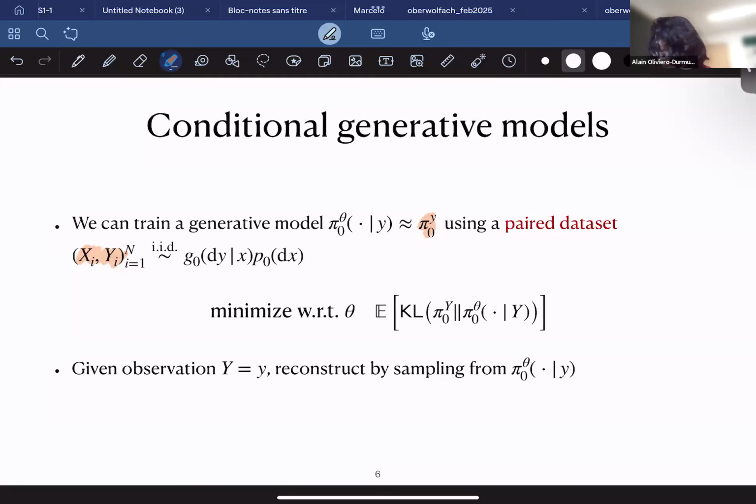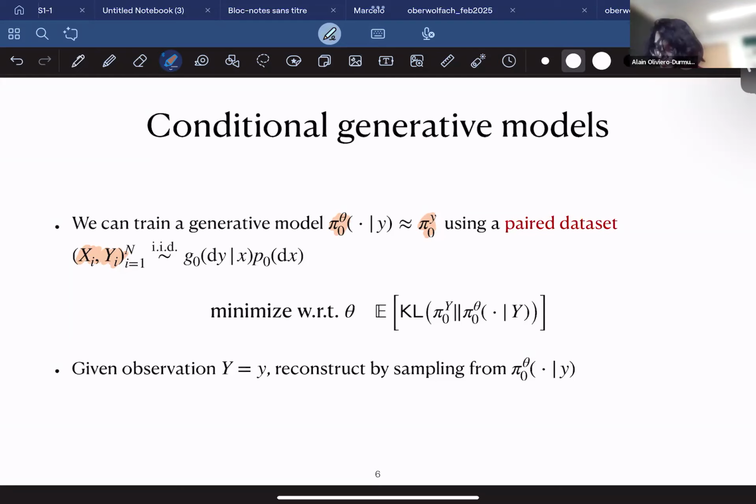In this case, you just need to define a parametric family of likelihood, parameterized by theta, and you can think of minimizing the expectation of the Kullback-Leibler of the posterior with respect to the conditional.